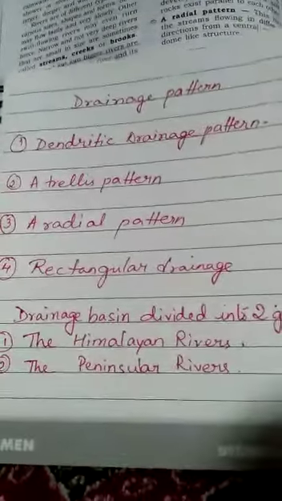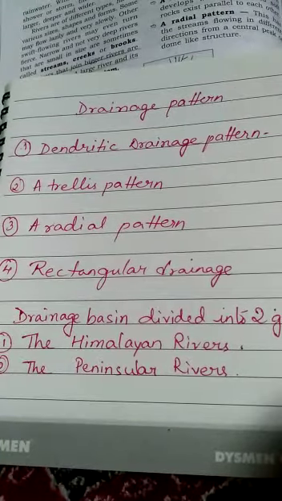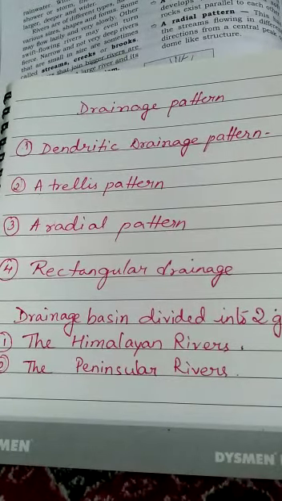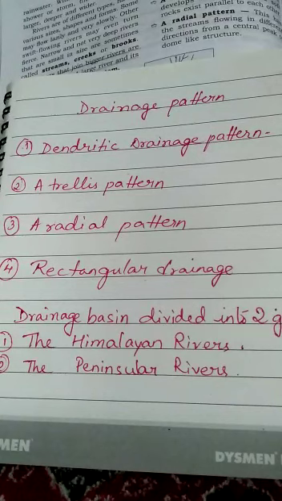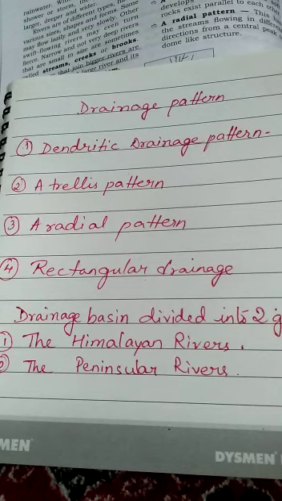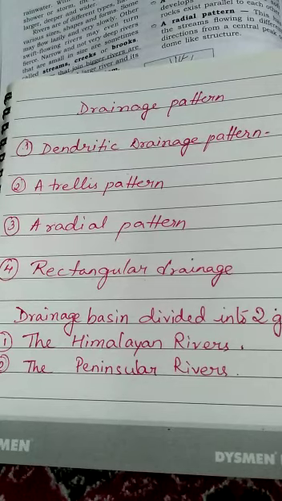Here are the four main types. The first one is the dendritic drainage pattern. This pattern consists of a single main stream with tributaries which join like the branches of a tree. You can see the picture in the book itself also.